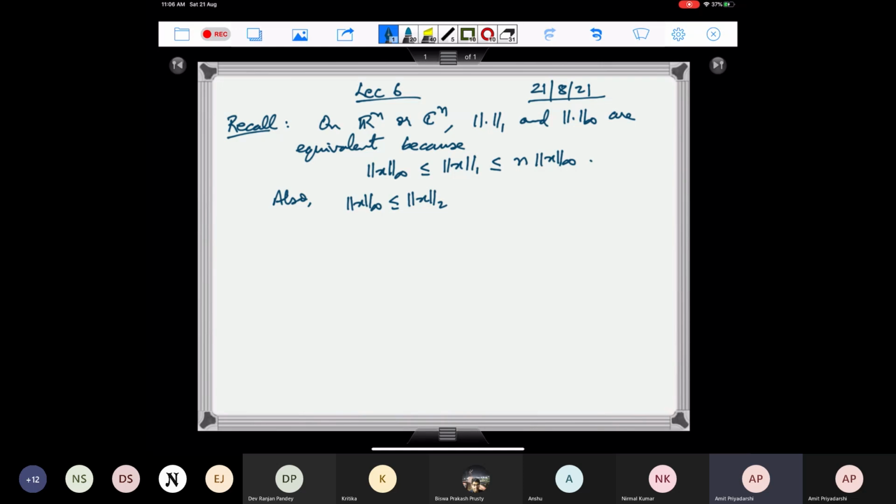So you get norm x infinity is less than or equal to norm x2, and this is less than or equal to square root n times norm infinity, right? Because again the summation of xi square is less than or equal to n times the maximum of mod xi square, and then you take the square root.